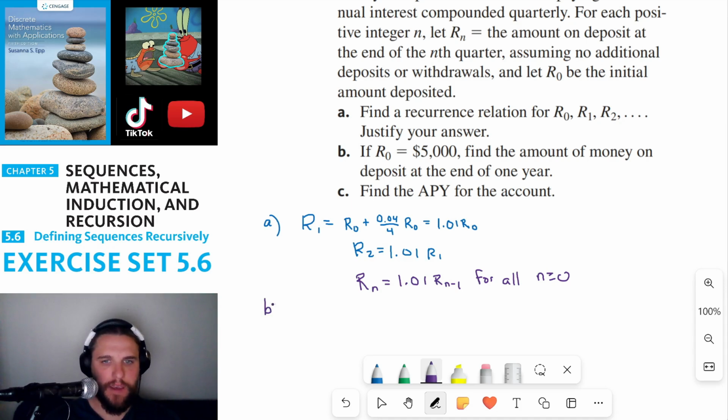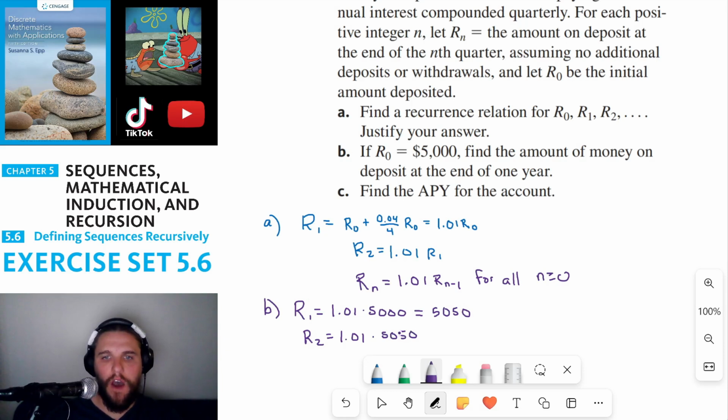All right, part B. If r sub 0 equals $5,000, find the amount of money on deposit at the end of 1 year. So that means we just need to figure out what r sub 4 is. R sub 1 is going to be 1.01 times 5,000, which is $5,050. R sub 2 is going to be 1.01 times $5,050, which is $5,100.50.